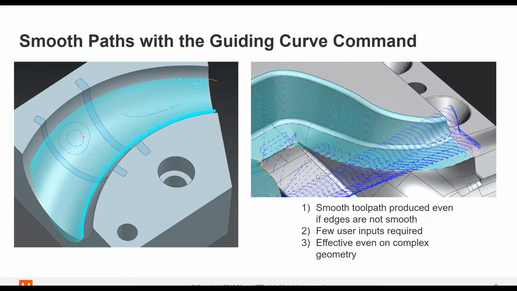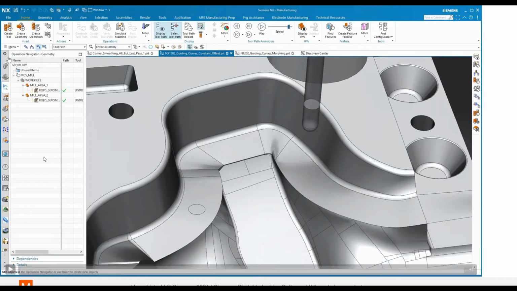What you'll see as we go through the demo in a minute is that there really aren't many user inputs required to get great results from this command, and that it's effective even on very complex geometry or a large number of surfaces. Let's demonstrate that now in NX.